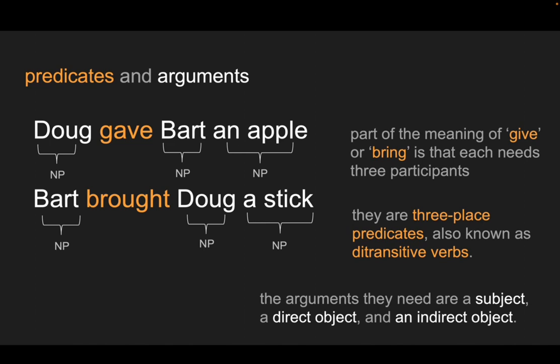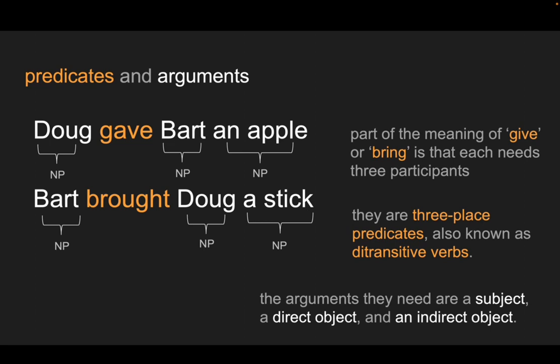We can switch the order of these two and say something like Doug gave an apple to Bart. But you notice that if we switch the order, we have to put a preposition in there, and prepositions are extra. So I'm trying to keep these as simple and straightforward as possible. Three participants. Each participant is a noun phrase. The subject, of course, because we always seem to need a subject. And then a direct object and also an indirect object.